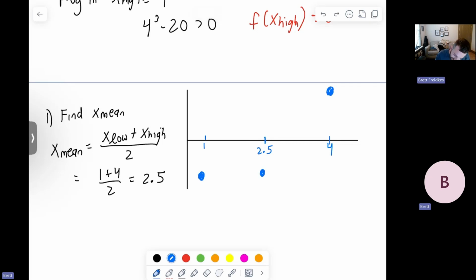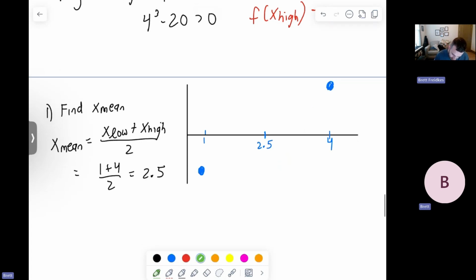If we go ahead and say the 2.5 is going to be negative, if I drew the point between 1 and 2.5, we don't cross the x-axis. But if I go between 2.5 and 4, now I do. So in this situation, 2.5 becomes the new x low. It's replacing the 1, the old x low. So that's why we need to figure out what the sign is.